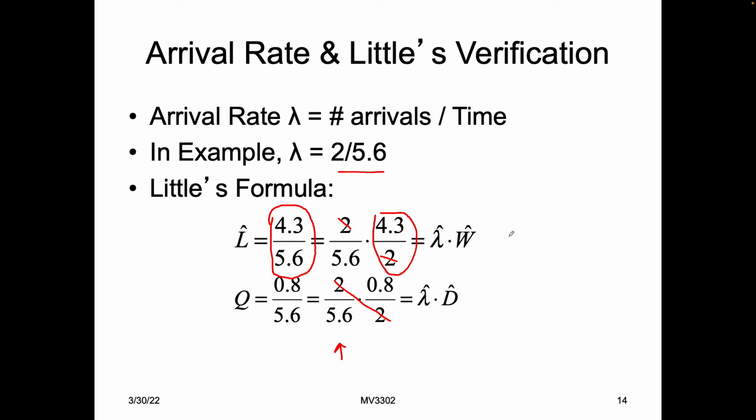And what Little's formula says is, well, you don't have to do that. If you run your system long enough, then it will approximately hold, or if you run your system until it empties out, then you can have those values exactly.